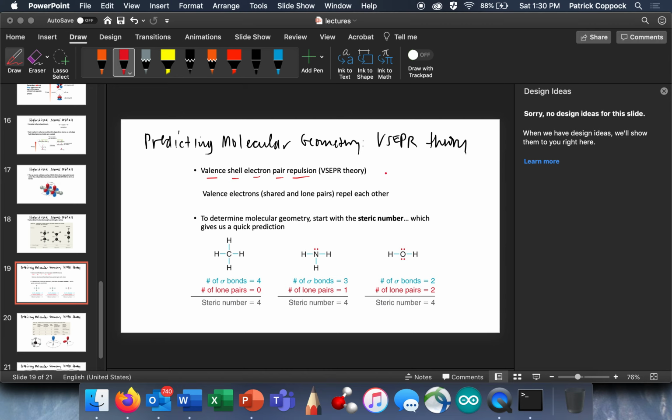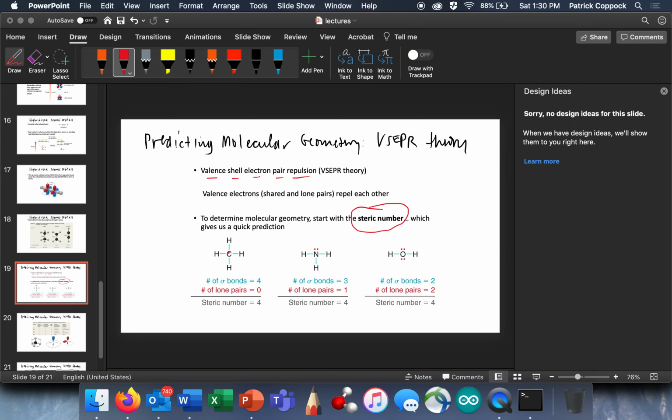All right, so we're going to predict the molecular geometry, and we're going to do that by counting the number of electron groups around a particular atom, around a central atom, okay? For the sake of this conversation, we're going to call it a steric number. The steric number is the number of sigma bonds plus the number of lone pairs, or it's the number of electron groups, okay?